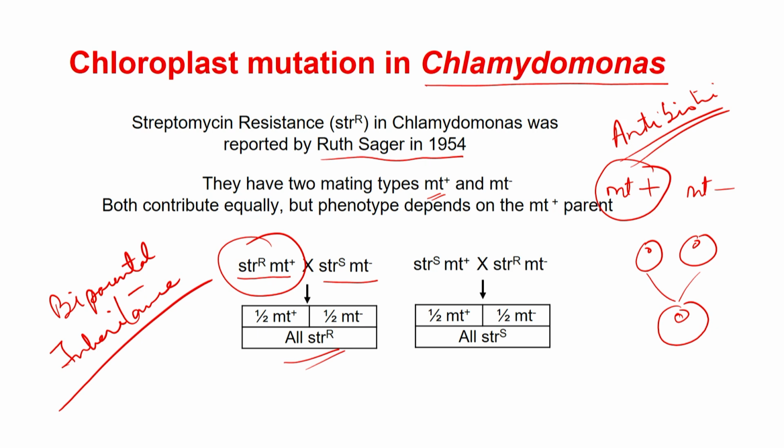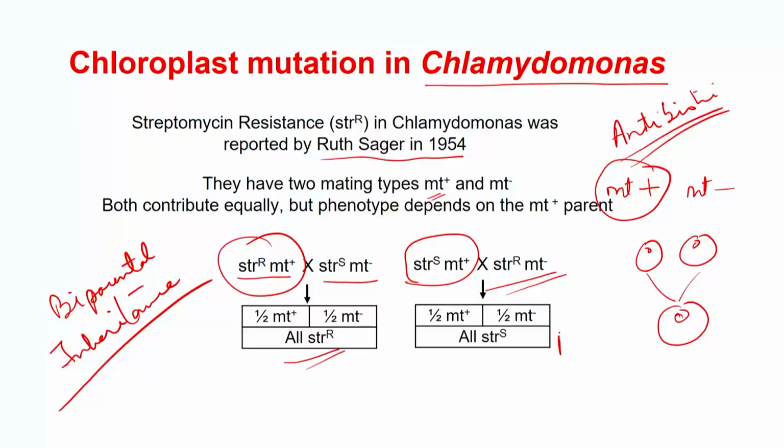Now, in a reciprocal cross, if the plus strain is sensitive and the minus strain is resistant, this resistance does not come into the progeny. All the progeny are streptomycin sensitive.